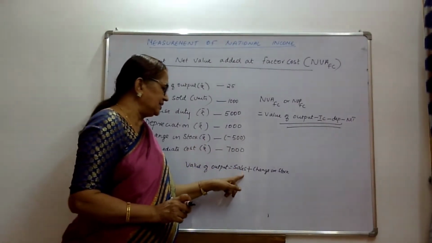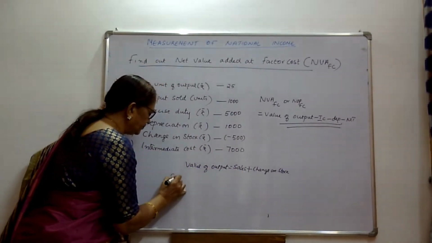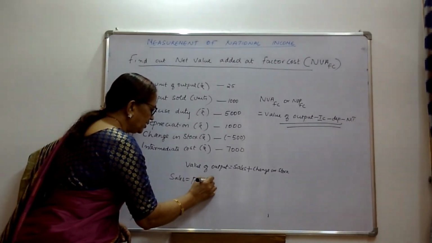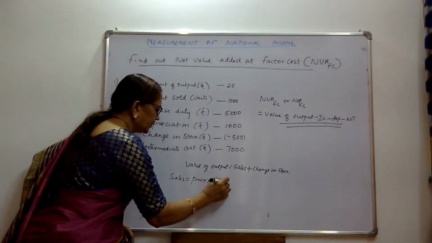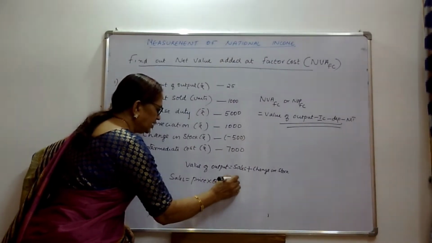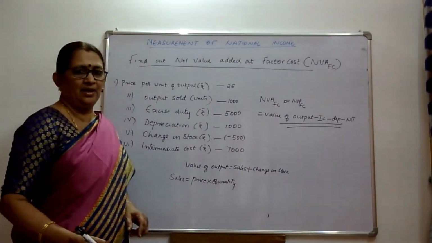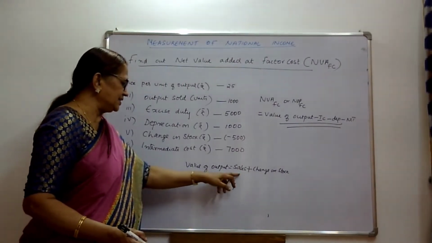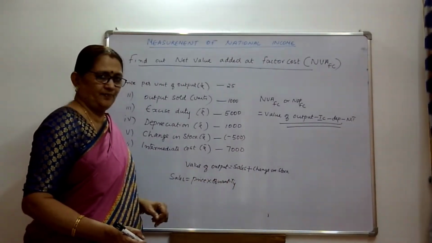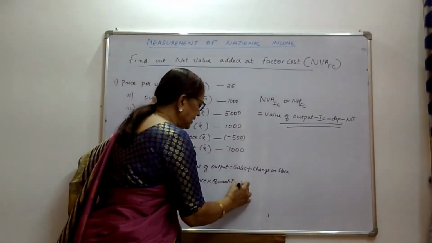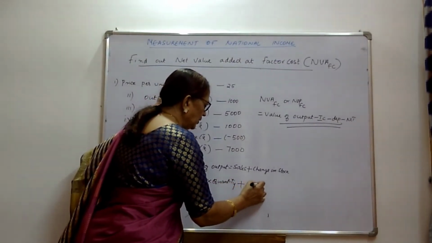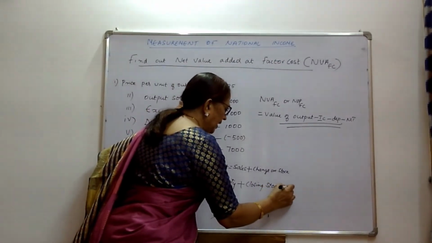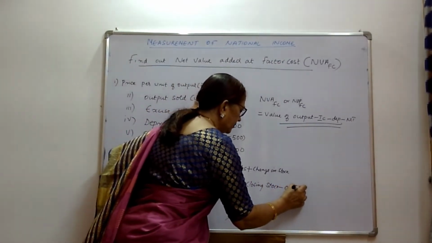I have explained it with an example. So sales is equal to price into quantity, price of the product into quantity of the product sold. Okay. So value of output is price into quantity plus change in stock, that is closing stock minus opening stock.